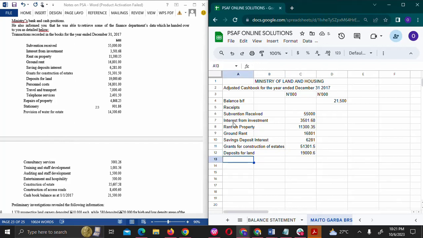Then the next thing I have is personnel cost. Is personnel cost an income? Expenditure. Good. So I will say expenditure. Personnel cost is 36,801.